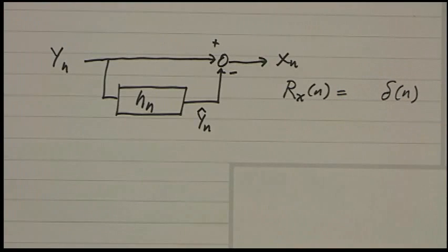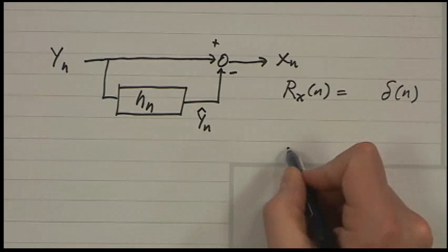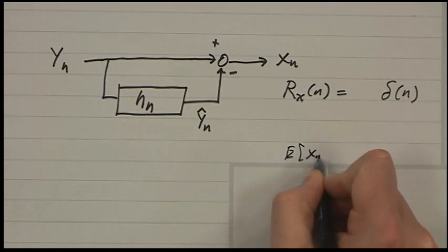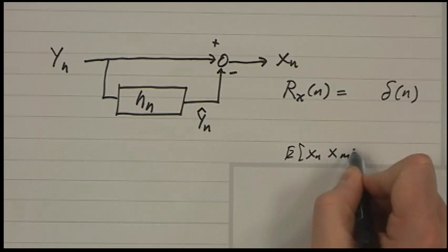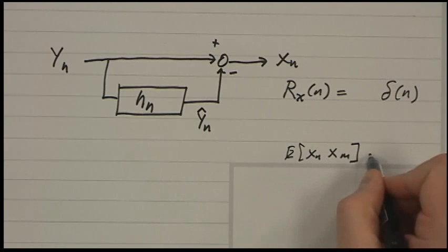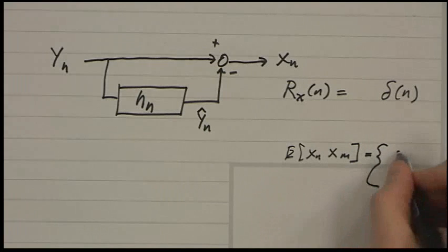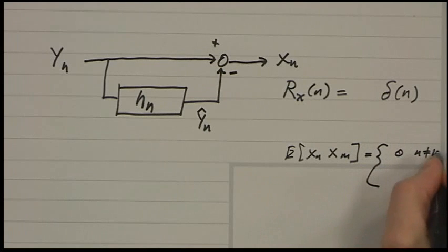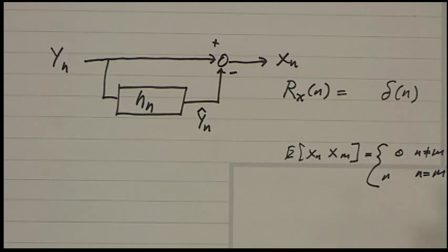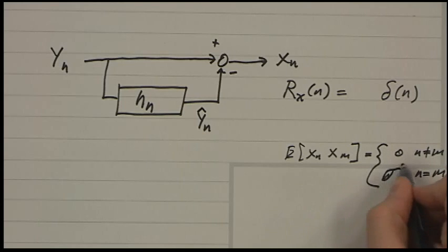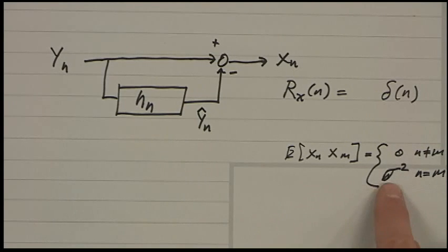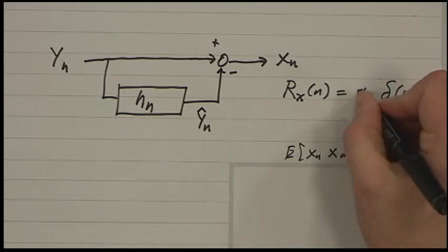The expected value of x n times x m equals 0 for n not equal to m. We proved that. And for n equal to m, well, it's got to be something. We just say it's sigma squared. Whatever it is, it can't be a function of n and m, so it's a constant. So this thing here is going to be sigma squared.